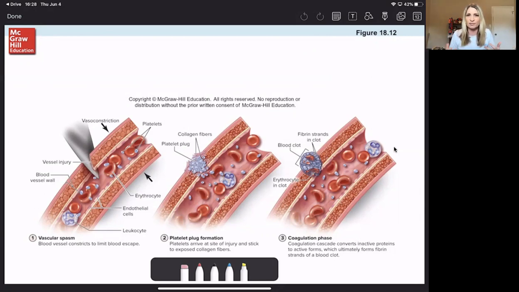If the vessel is not damaged, platelets don't need to be sticking and forming platelet plugs randomly in your vessels, because that would prevent blood flow, right? But whenever the blood vessel is damaged, you expose those collagen fibers from the broken tissue, and you also interrupt the lining of the prostacyclin in that area.